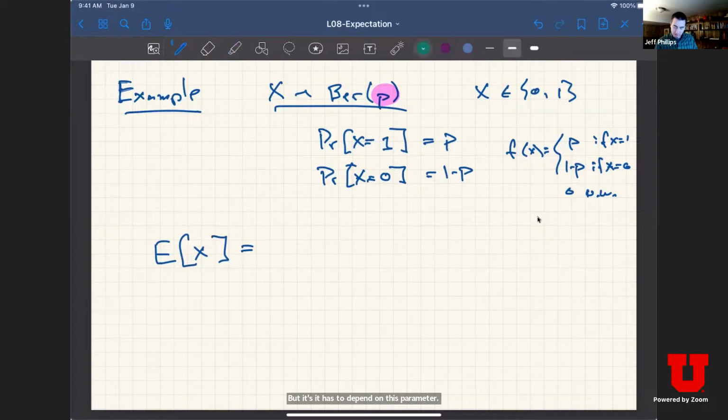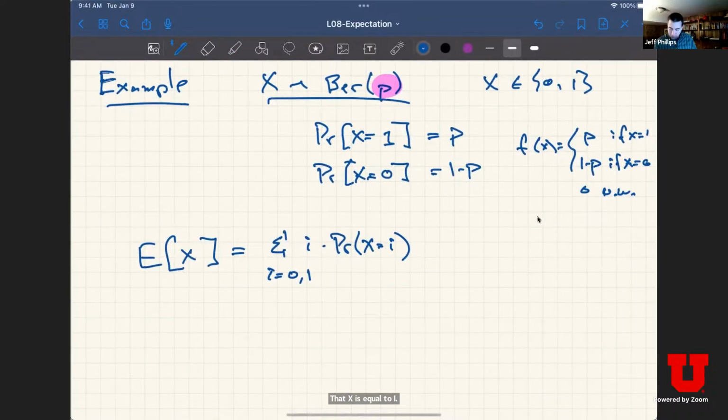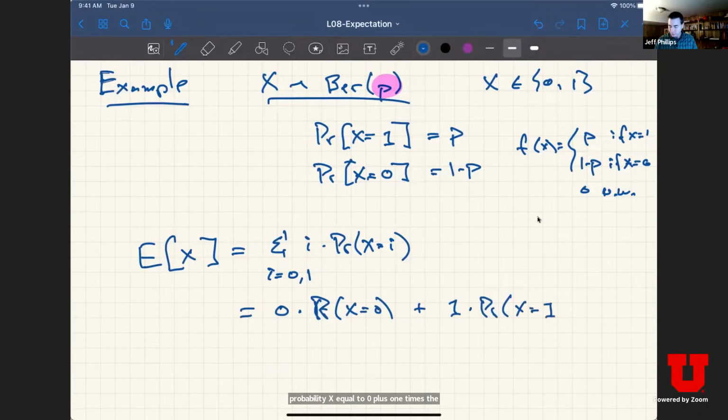As you're thinking about that, let's write out the equation for expectation. Remember, X is either 0 or 1. So it's going to be the value i times the probability that X is equal to i. If I expand this out, that's going to be 0 times the probability that X is equal to 0, let's just do this slowly and clearly, plus 1 times the probability that X is equal to 1, right?